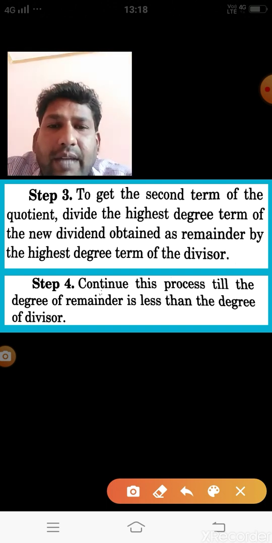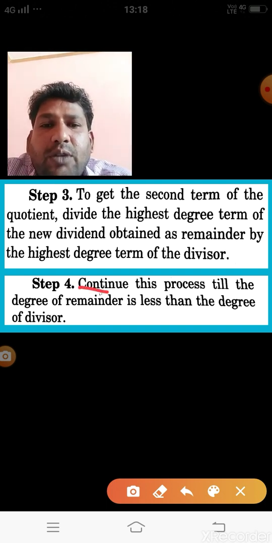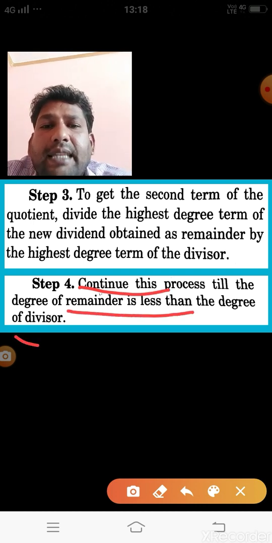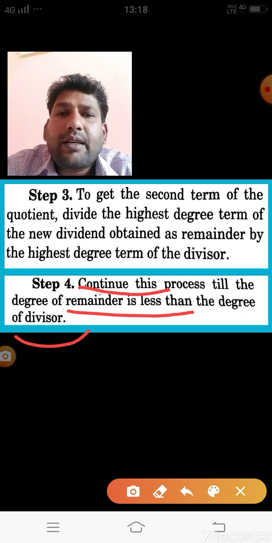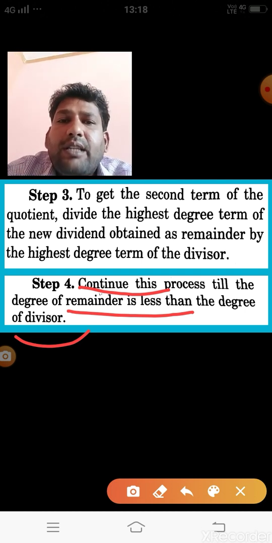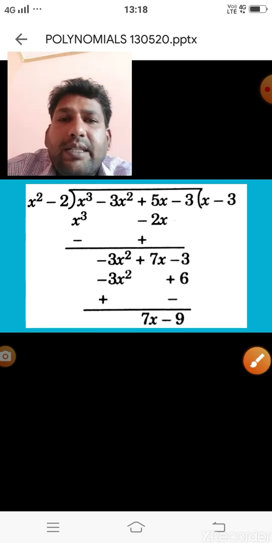We have to continue this process until the degree of the remainder is less than the degree of the divisor.